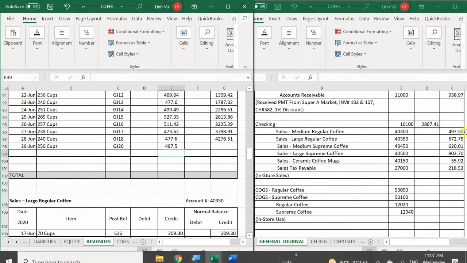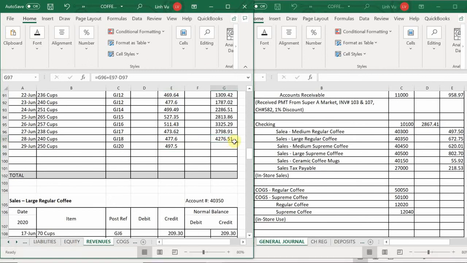So what's my ending balance going to be in my medium regular coffee cups? 4,774.01. Perfect.